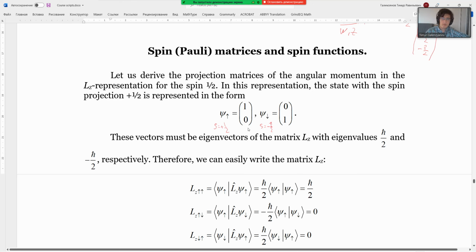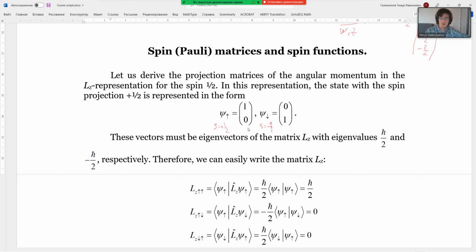We represent the spin plus 1/2 by the state psi up, and the vector which corresponds to this state is (1, 0).